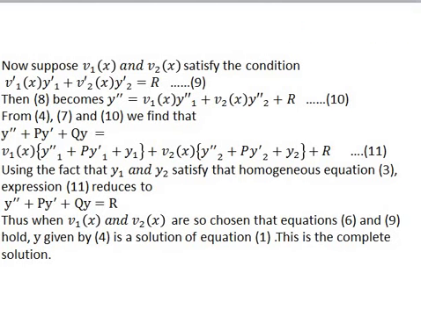Now suppose v1 of x and v2 of x satisfy the condition v1 dash of x y1 dash plus v2 dash of x y2 dash is equal to r. We call it equation 9. Then equation 8 becomes y double dash is equal to v1 of x y1 double dash plus v2 of x y2 double dash plus r, equation 10.